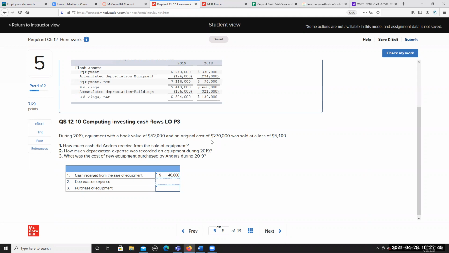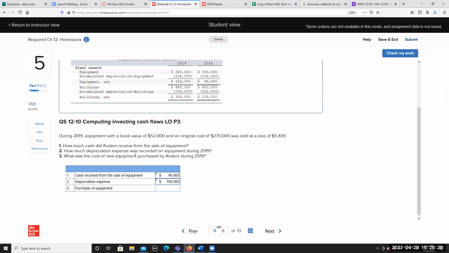So if I take 52,000, then I know the accumulated depreciation was 218. So then 234 minus 218 equals 16 afterwards, but it's all the way up to 124. So I'm going to say 108 was the depreciation expense.